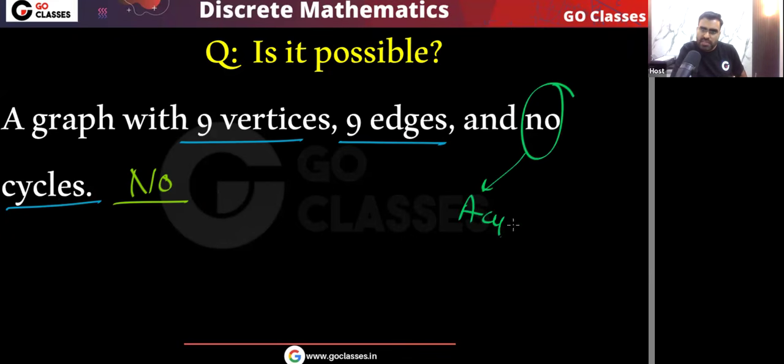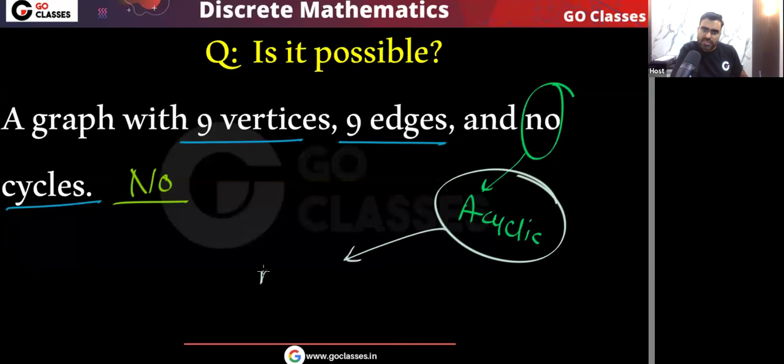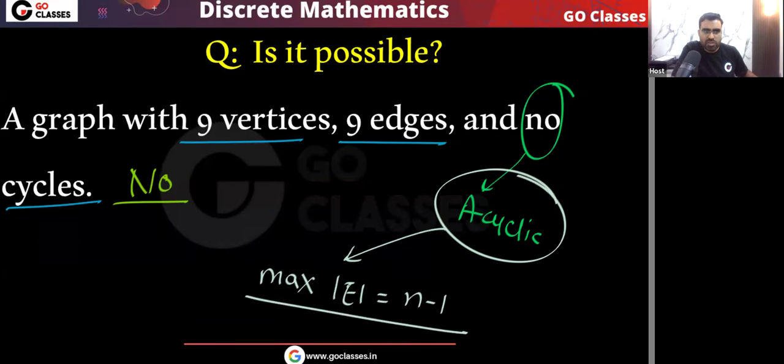And in an acyclic graph on n vertices, what is the maximum number of edges you can put? We have already seen this. That will be n minus 1. So is it possible that in an acyclic graph you have 9 vertices, 9 edges? This is not possible. I hope you understood. Just apply the concept.